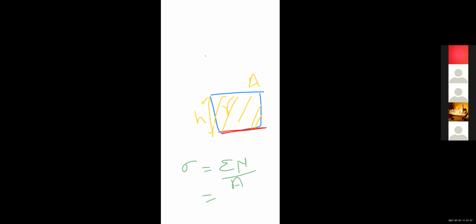Total normal force in this condition is the weight of the soil layer, divided by area. The weight of the soil layer is gamma H into A, divided by A. So this gives sigma equal to gamma H simply, for this simple layer, if no external force is acting on the surface of the soil.